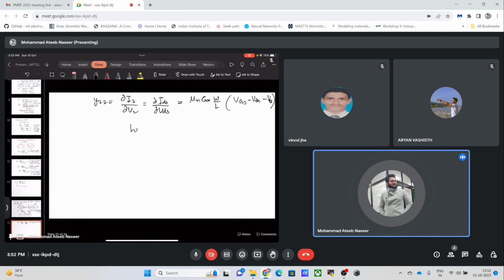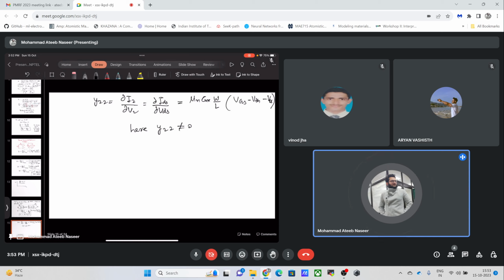So here Y22 is not equal to 0. This is the main problem in triode region operation. We are not having Y22 equal to 0, and Y21 shows some dependency on VDS.